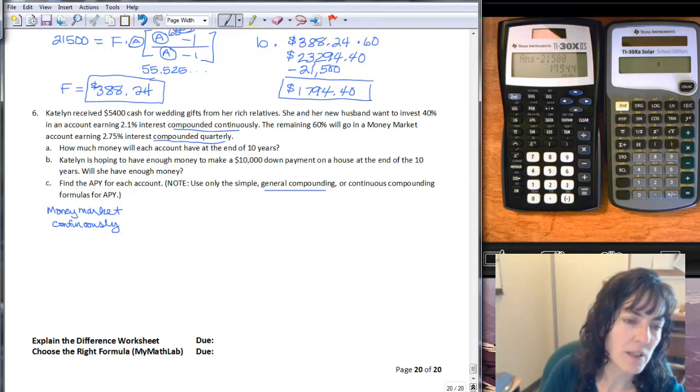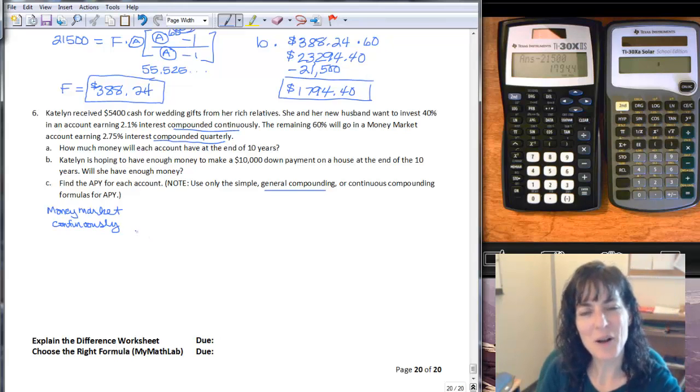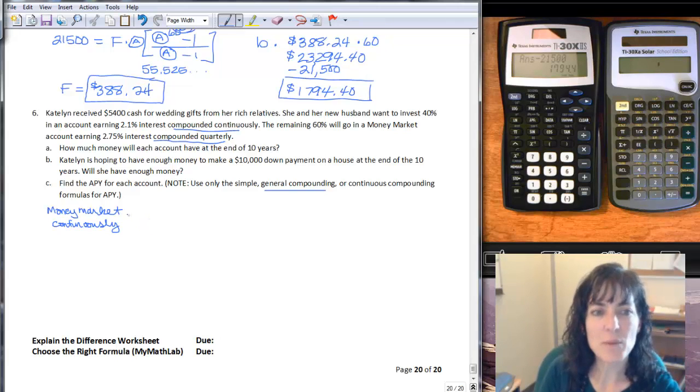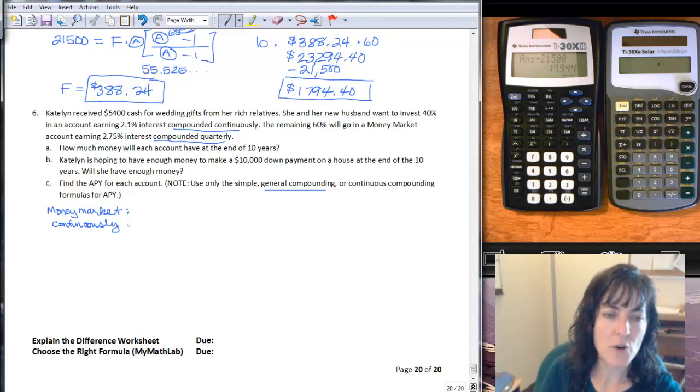And good thing we didn't assume everything was going to be general compounding or continuous, because we have one of each on this one. So the money market is compounded quarterly, and I need to know how much money we're depositing into each account.